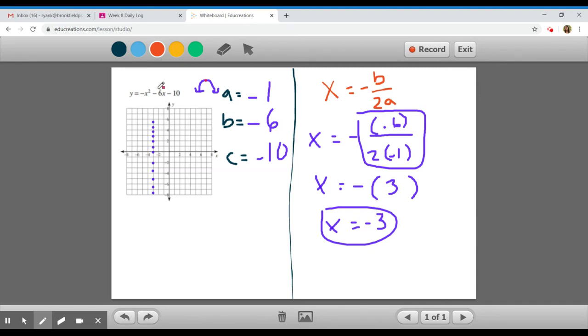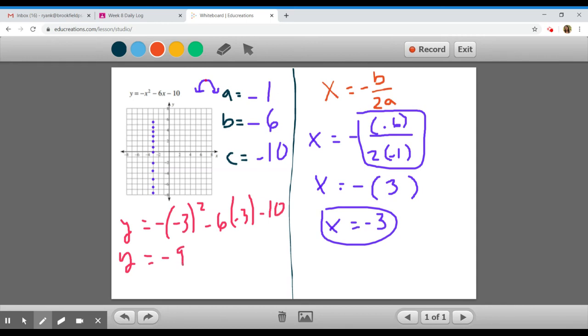I'm going to plug this -3 into my equation. So again, this is another place we have to really carefully deal with negatives. I'm going to write down that y equals the opposite of -3 squared minus 6 times -3 minus 10. From there, I know that -3 squared is going to be +9, and then I take the opposite, getting -9.